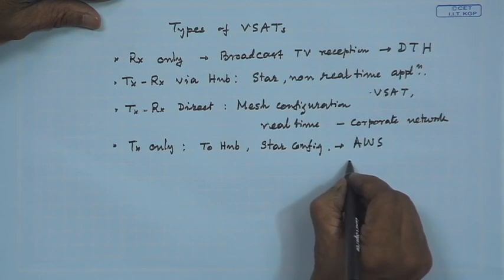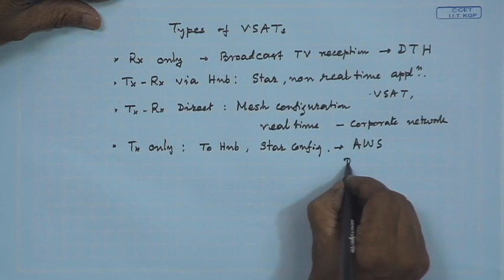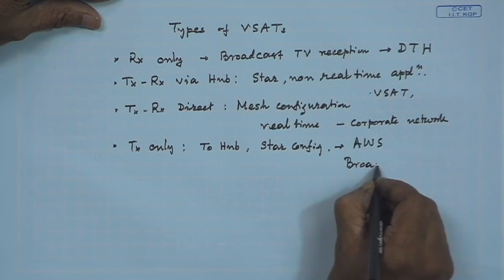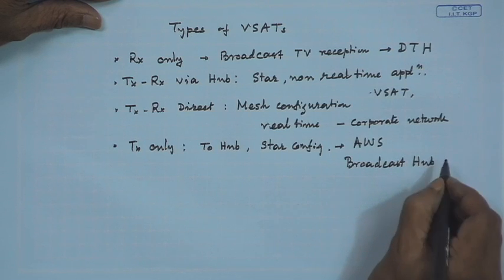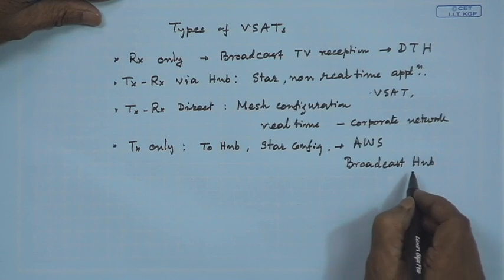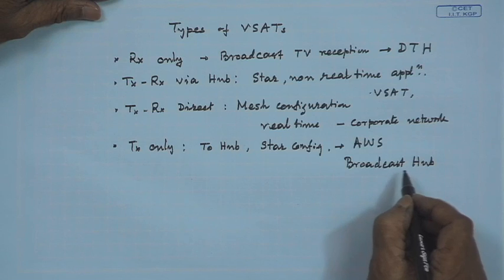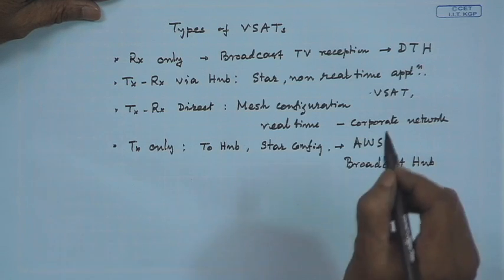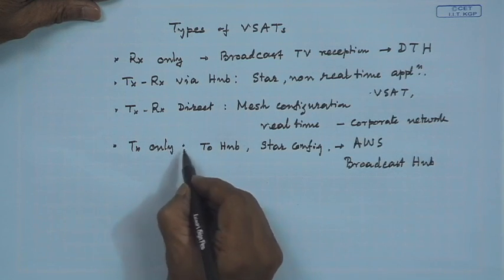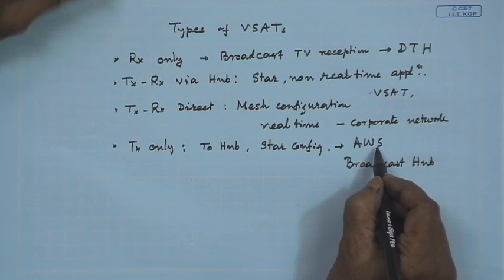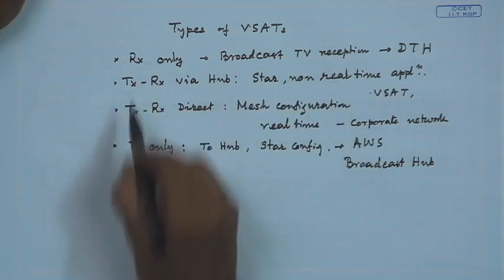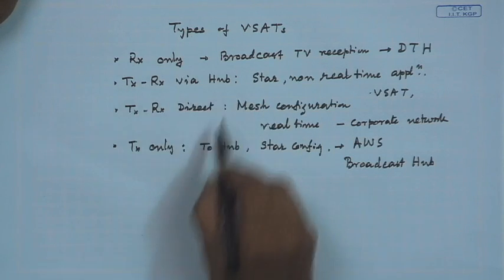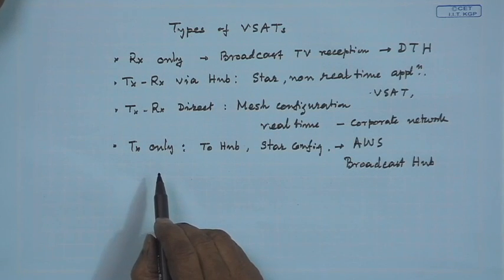Also it could be the broadcast hub, where TV transmission is done by the hub station for broadcasting. So, that is only one uplink, that is transmit only. It could be very large or it could be very small depending on the requirement of the type of VSATs. These could be different categories of VSATs.